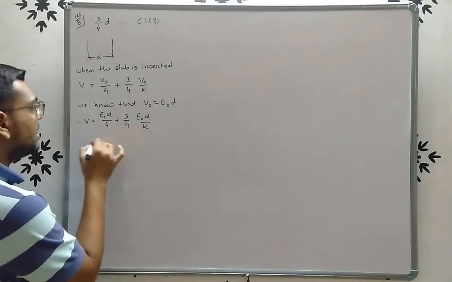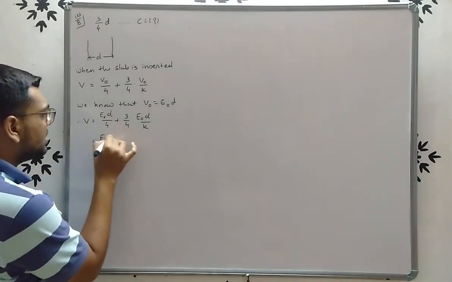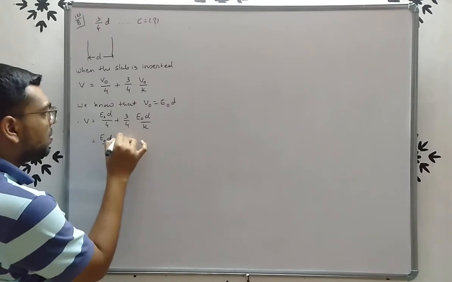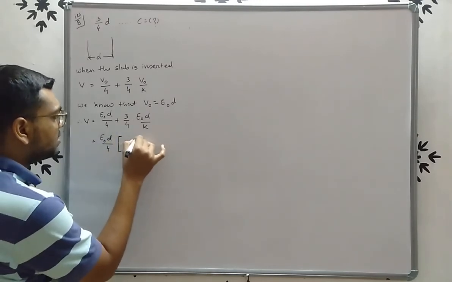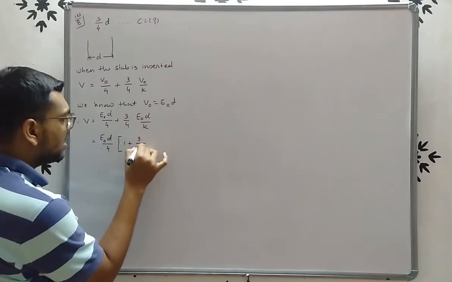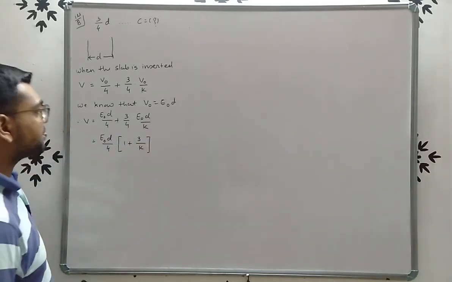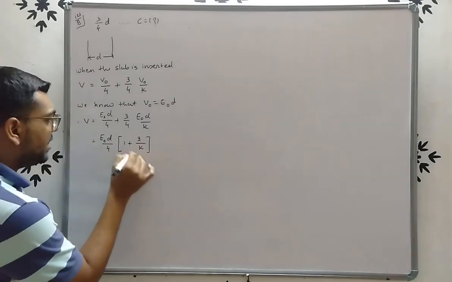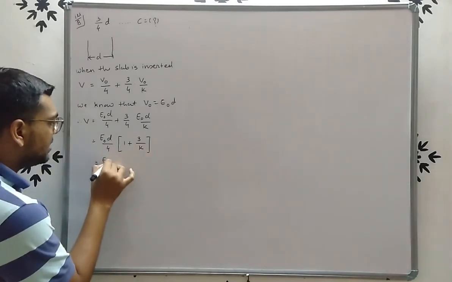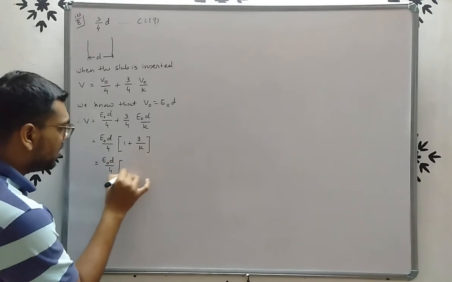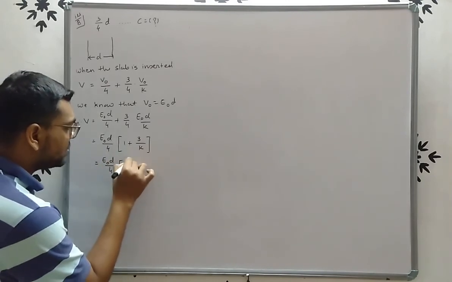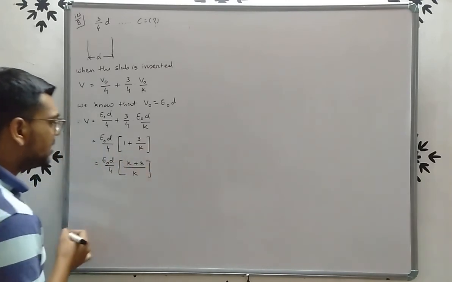Here we take E0D by 4 common, so 1 plus 3 by K. Now if we take LCM K, then E0D by 4, K plus 3 by K, right?